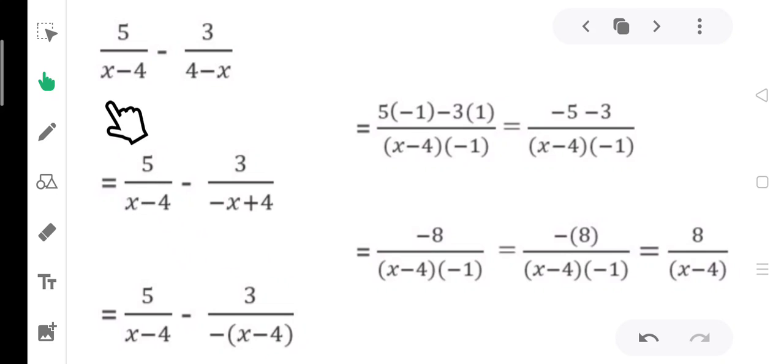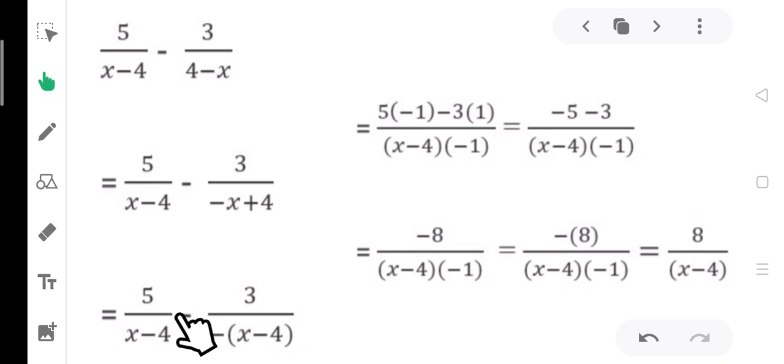Since the denominators are different, we are going to factor them to look for the LCD, or the least common denominator, which is the least common multiple of the denominators. For x minus 4, since this is prime, the factors would be x minus 4 and 1.